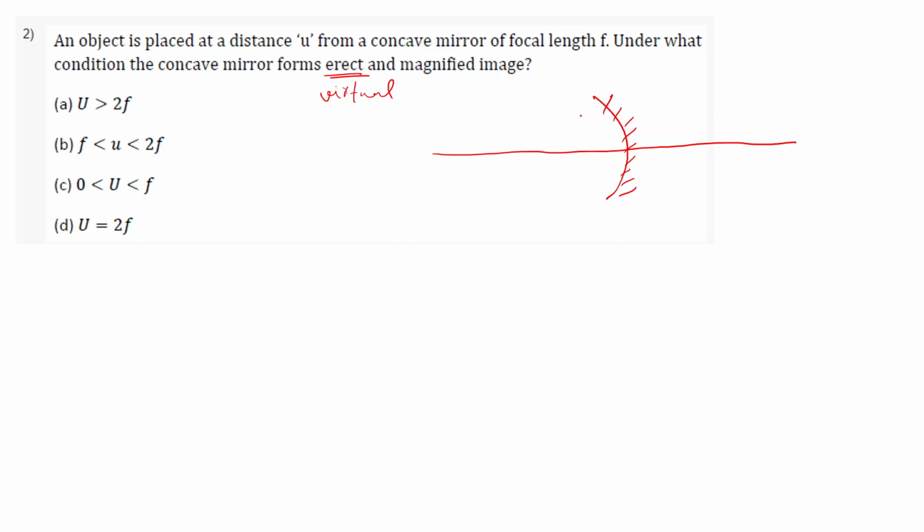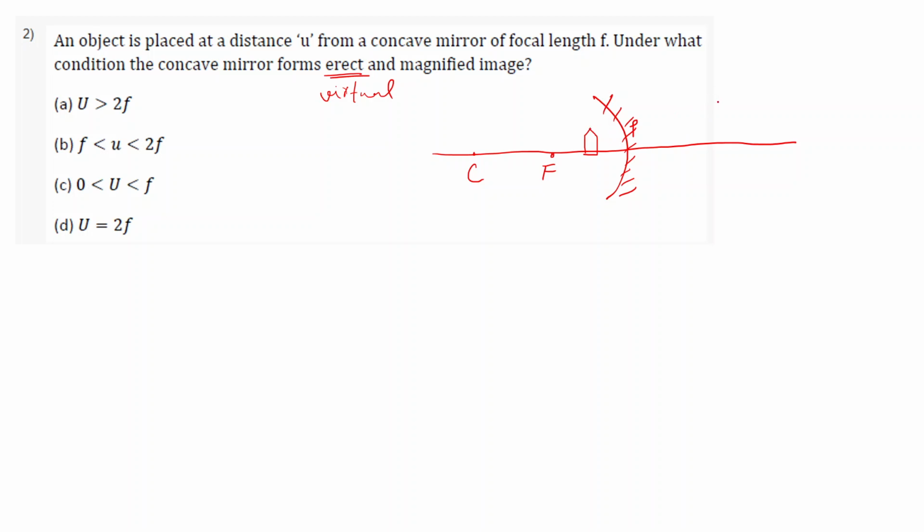We had seen for the lens also just now that this is the focus, double of it is the center of curvature, and when my object is between the focus and the pole of the mirror, in that case my image will be formed on the other side.